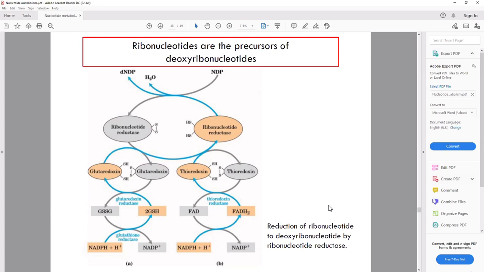So to synthesize deoxyribonucleotide, we need to have ribonucleotide. Basically, the ribonucleotide undergoes a reduction process by the enzyme ribonucleotide reductase to form the deoxyribonucleotide.